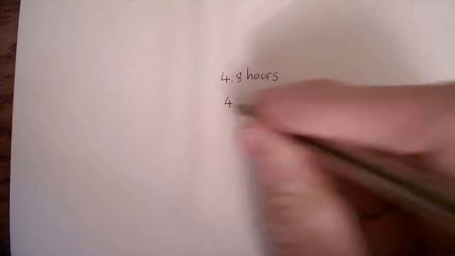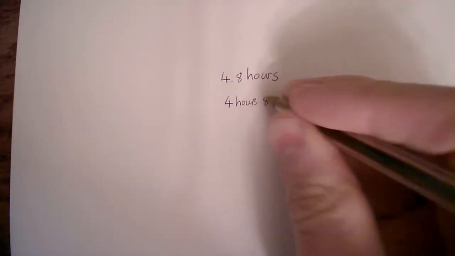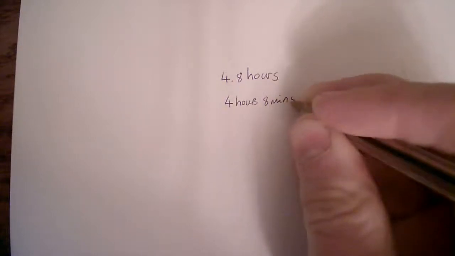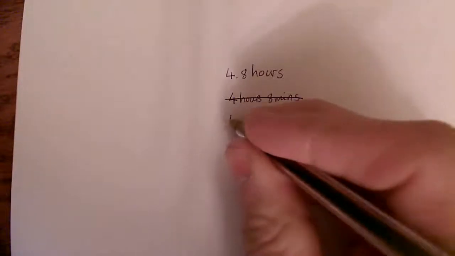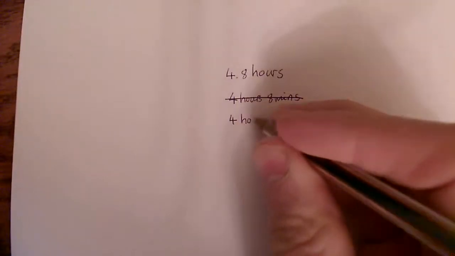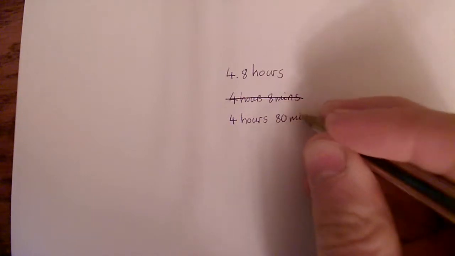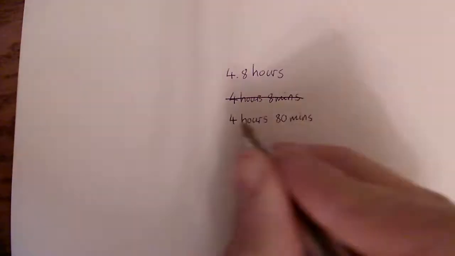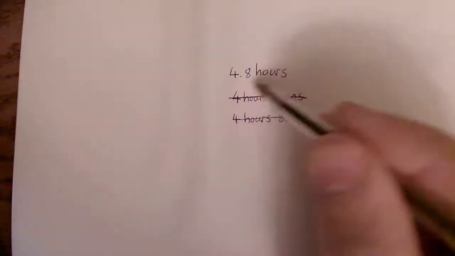I want to avoid people writing 4 hours, 8 minutes. That is not right. It is also not right to have 4 hours and 80 minutes. That is also incorrect. So these two are not 4.8 hours.